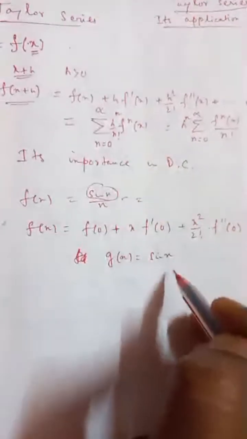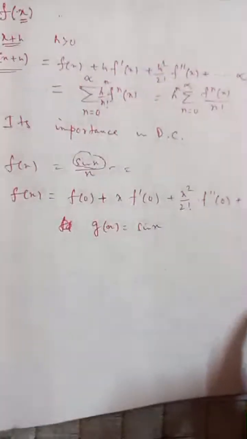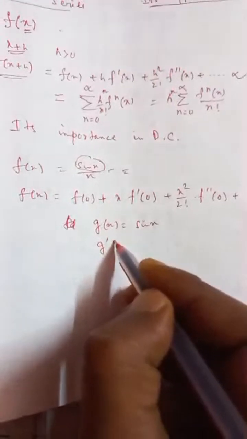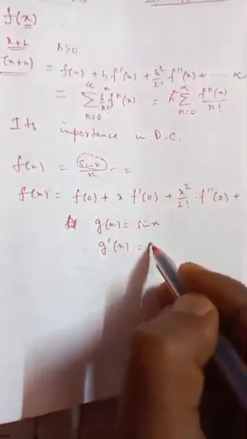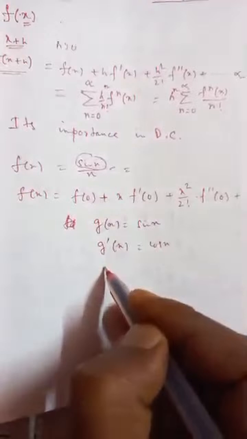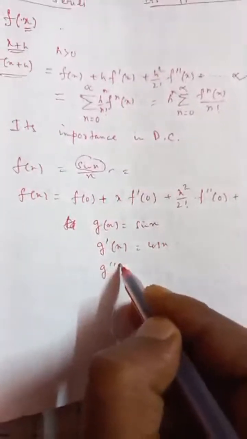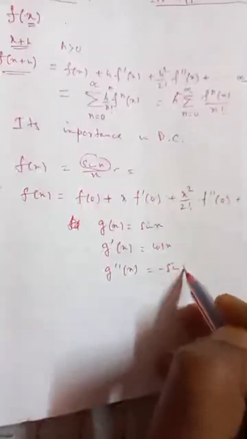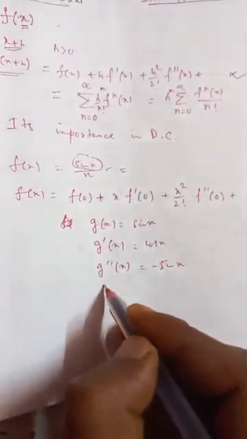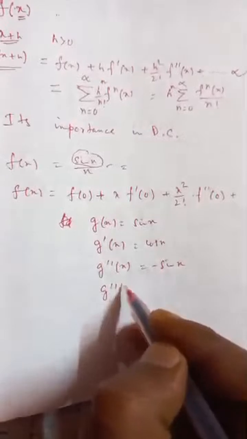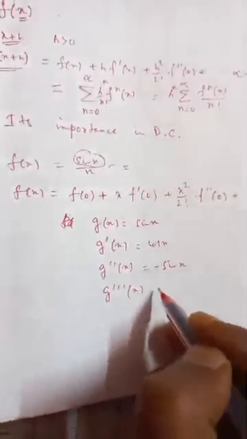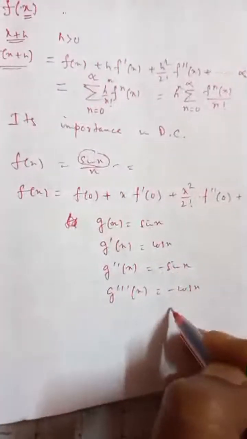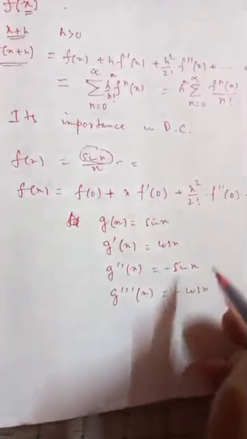The first derivative of g(x) will be cos x. The second derivative of g(x) will be minus sin x. The third derivative of g(x) will be minus cos x, and so on up to infinity.